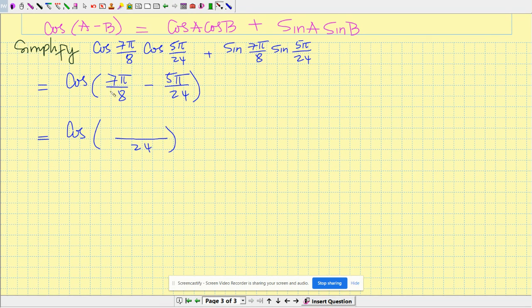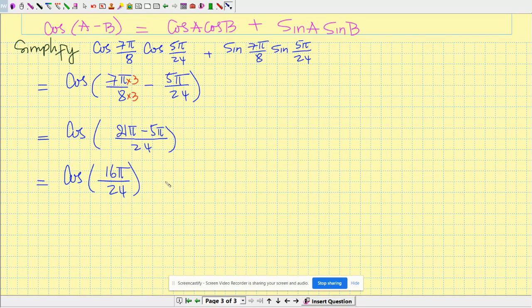You can look at the first fraction here: we go ahead and multiply by 3 to get 24, so that will end up with 21 pi. For the second fraction, we don't have to do anything, so it stays the same for the numerator. So if we subtract, that will give us 16 pi over 24.